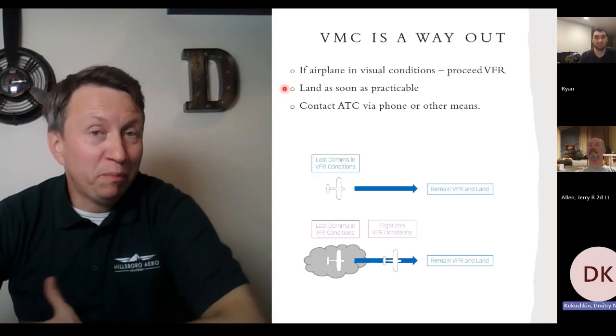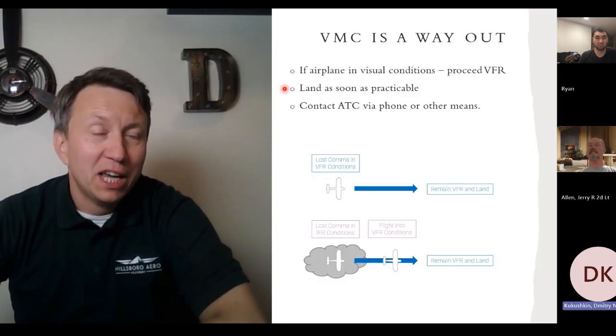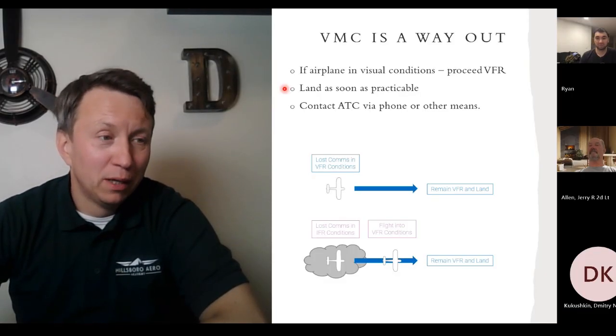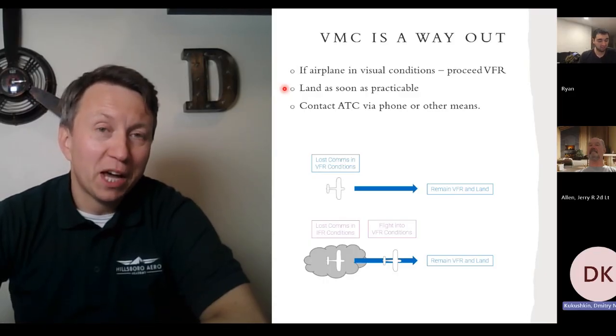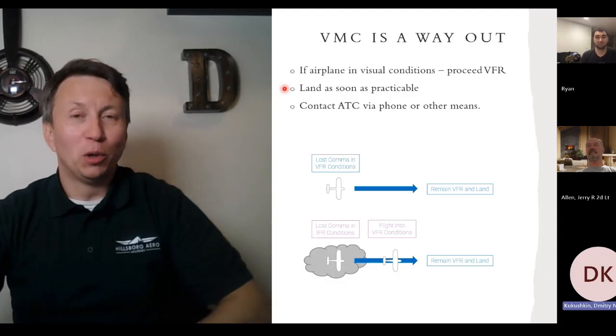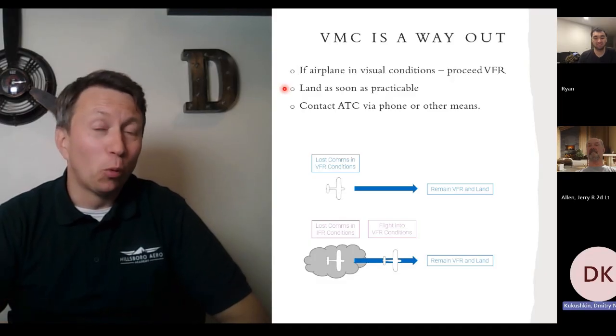And that's a specific word that's in the 91.185. It doesn't say as soon as possible. However, at least once in history, when a commercial jetliner lost comms and they decided not to land at the available airport, but proceeded another 50 miles and landed where they were going to, that pilot got a lot of heat.